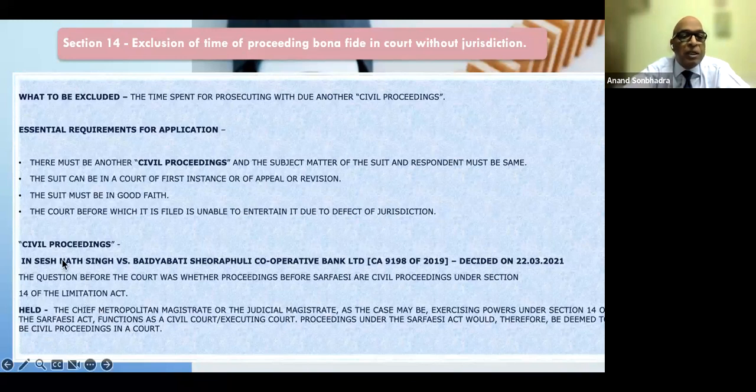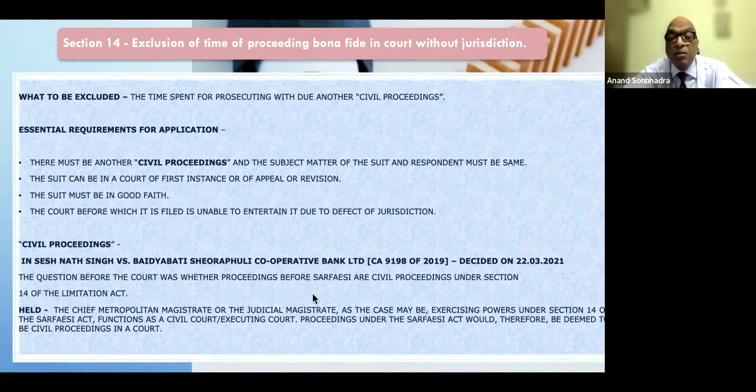For civil proceeding, in Sheshnath Singh versus Baidyabati Sheoraphuli Cooperative Bank, it was decided, the question before the court was whether proceeding before SARFAESI is a civil proceeding under section 14 of the Limitation Act. The CMM or the judicial magistrate, as the case may be, exercising power under section 14 of the SARFAESI Act, functions as the civil court or executing court.